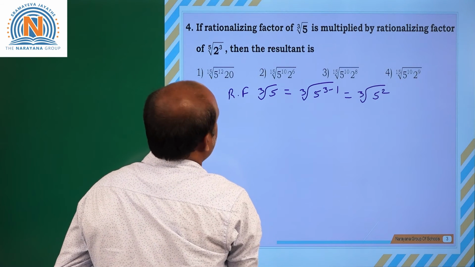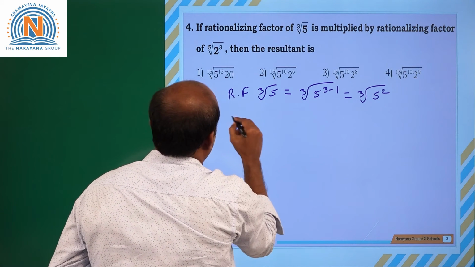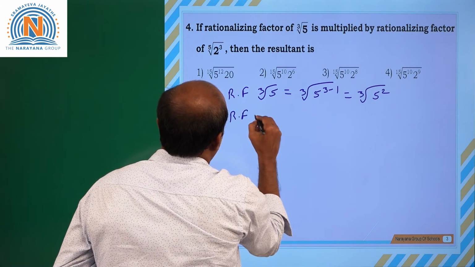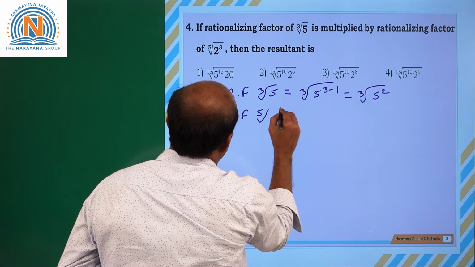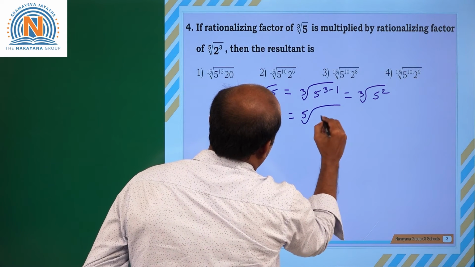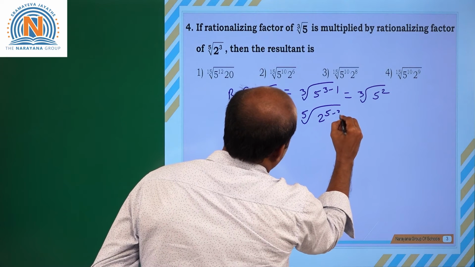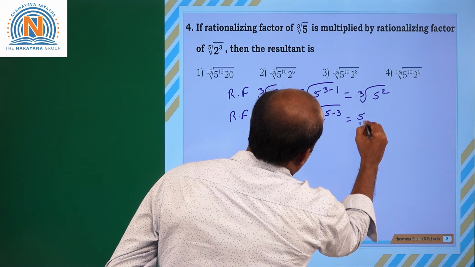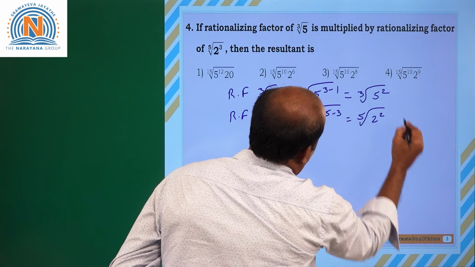Now the RF of 5th root of 2 cube is 5th root of 2 power 5 minus 3, that is 5th root of 2 square.